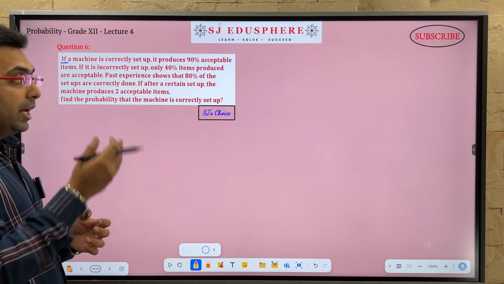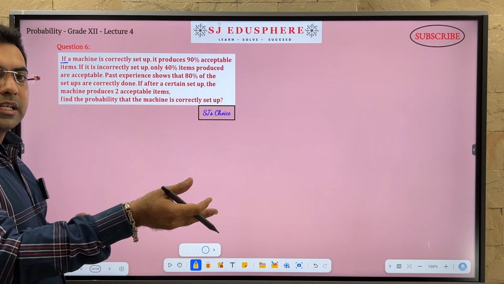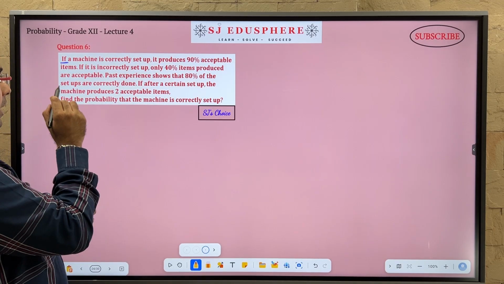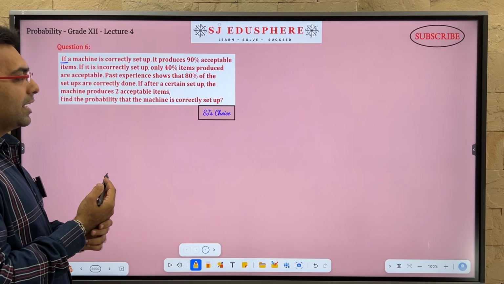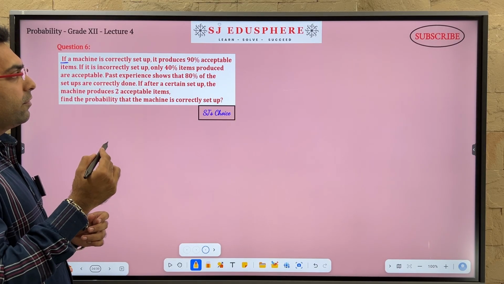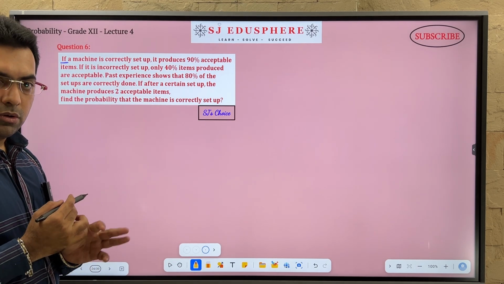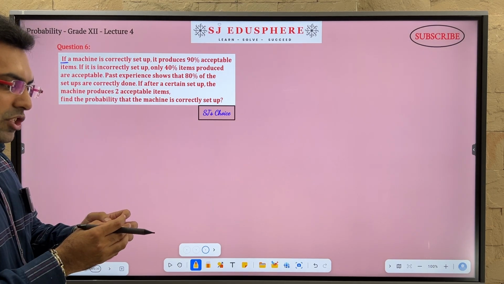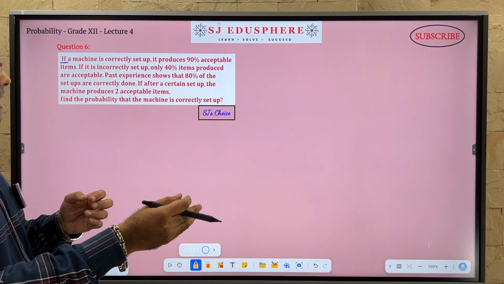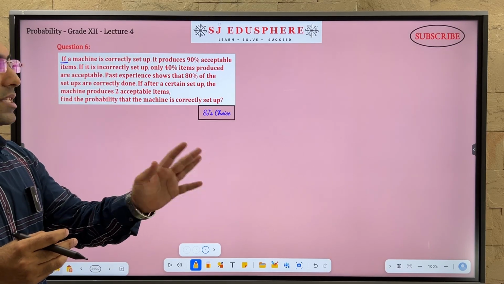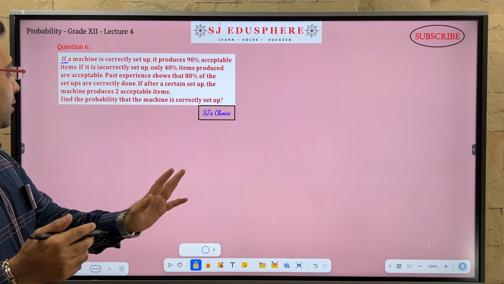Can I say, given that the machine is correctly set up, 90% of the items are correct? If it is incorrectly set up, only 40% items produced are acceptable. Okay, so if you set up the machine correct, you get an acceptable item. If it is not set up correctly, then 40% chance the item is accepted.